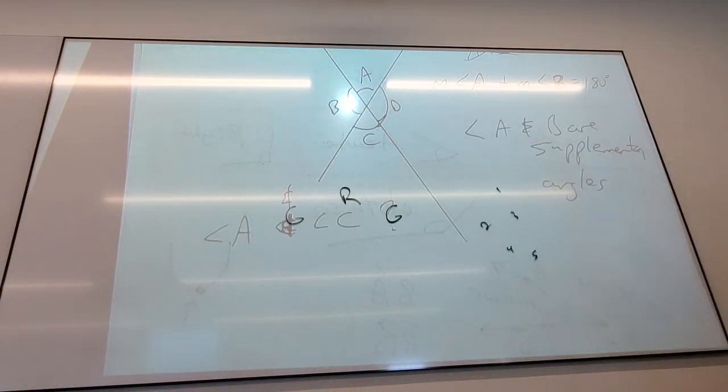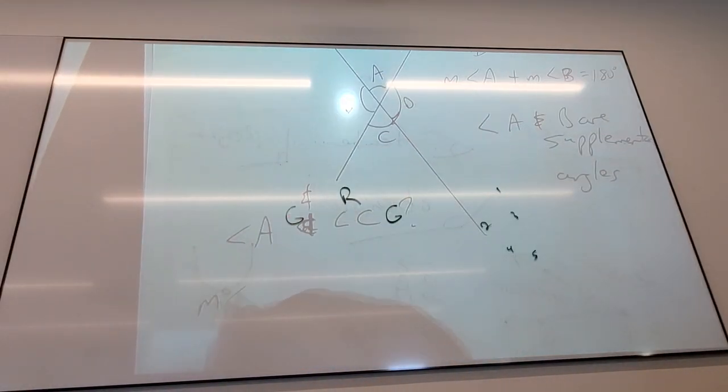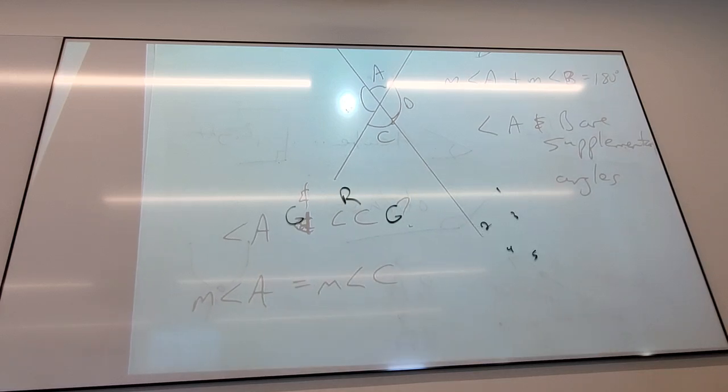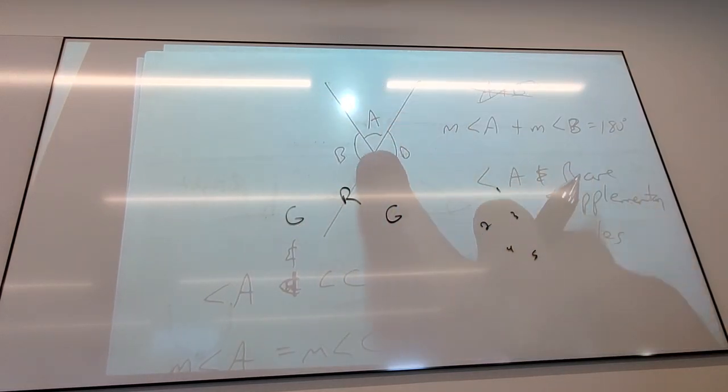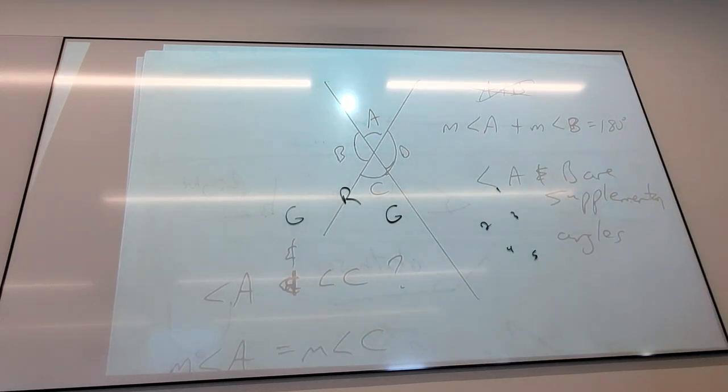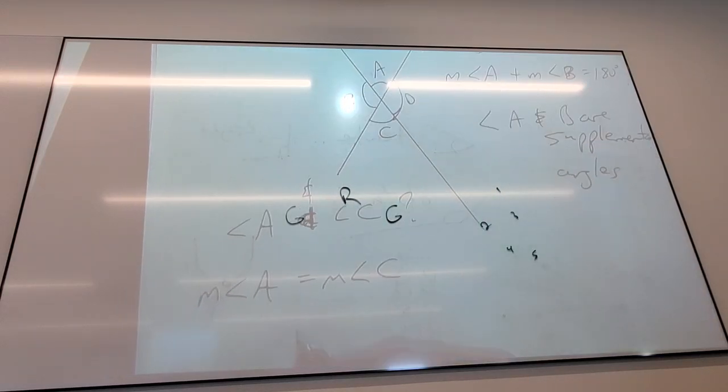Do you guys know what we call those kind of angles? And again, what letter does this look like? V. So these are vertical angles.